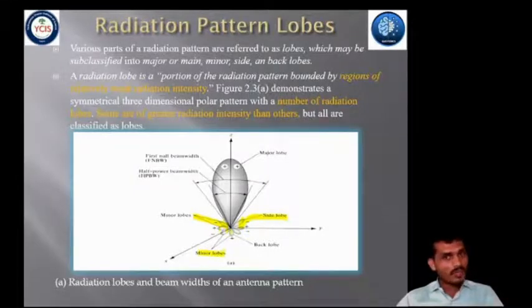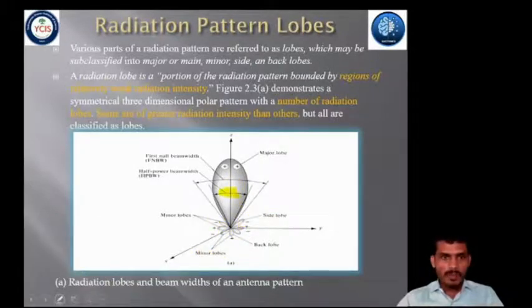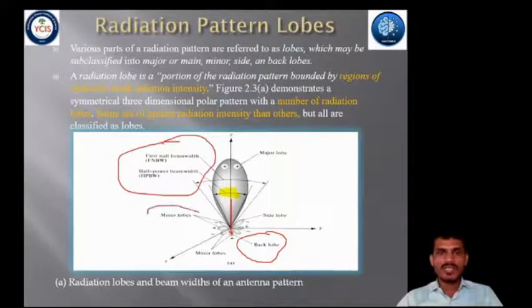These are all minor lobes, but the lobe which is present at the opposite side of the main lobe, that minor lobe, is known as the back lobe specially. So these are the different types of radiation lobes and beam widths of an antenna. So these are the 2 different beam widths, and these are the minor lobes.